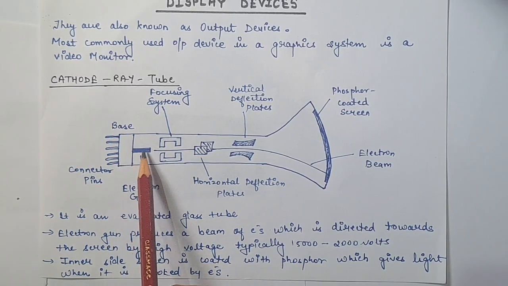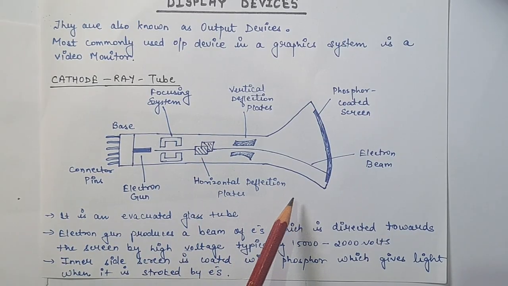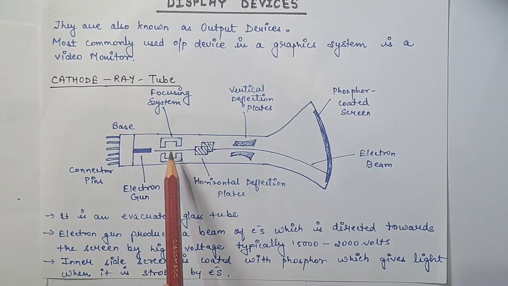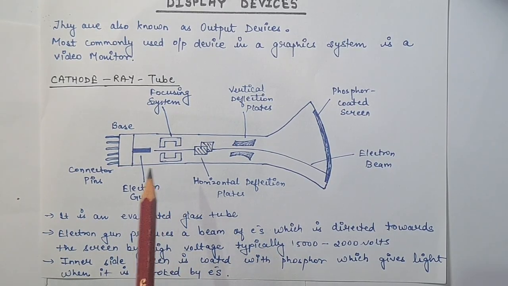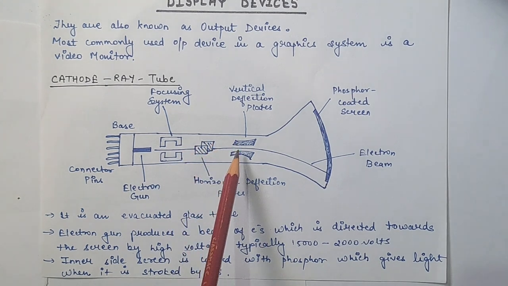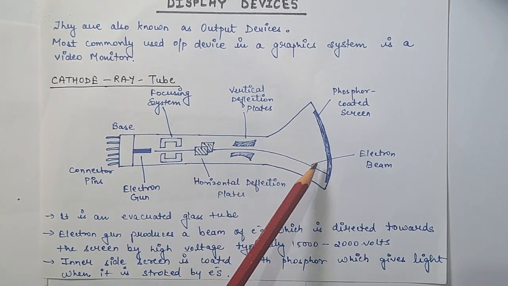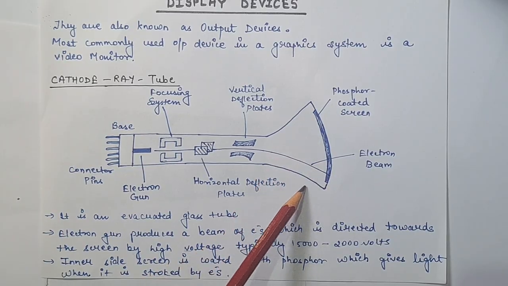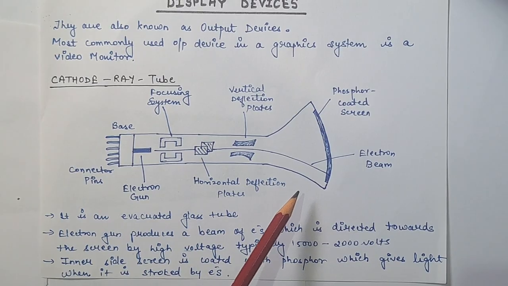This is the electron gun through which the electron beam is passed. These are the focusing system. There are basically two deflection plates: this is the horizontal deflection plate, and these are the vertical deflection plates. And there is a phosphor coated screen, and the electron beam strikes on the phosphor coated screen.